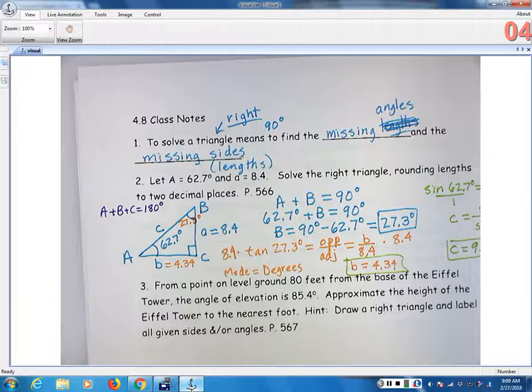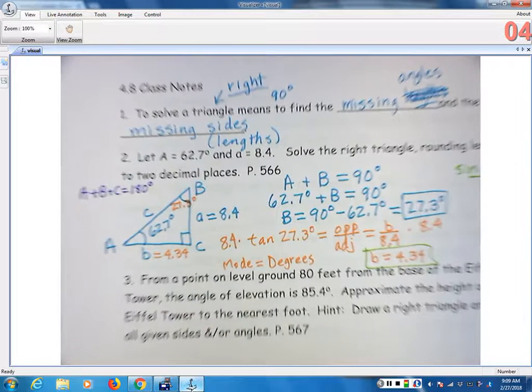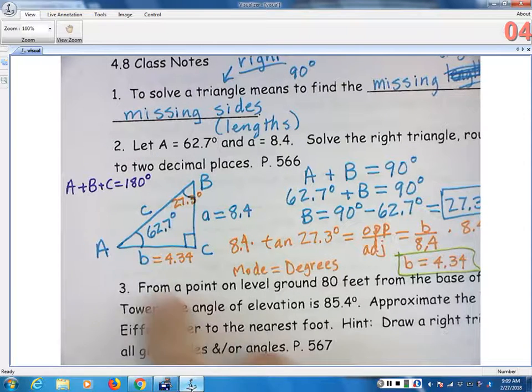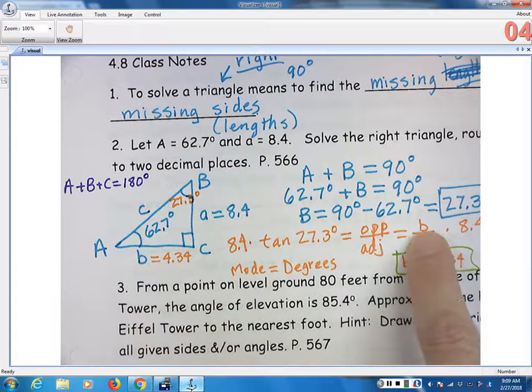Then you need to find the missing sides. Side b was missing, and it's best to get b in the numerator.